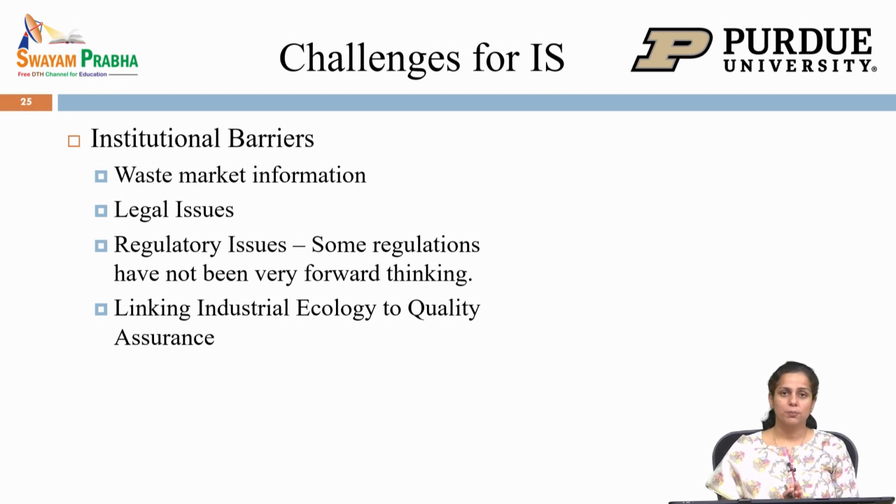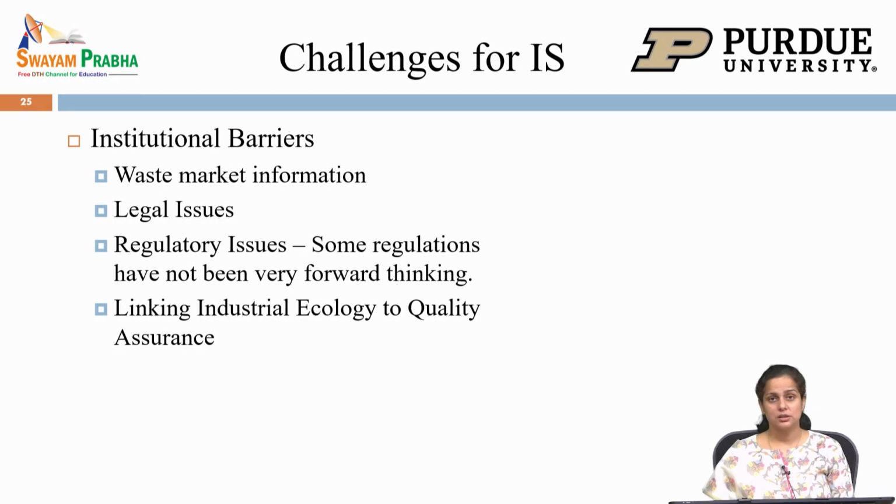So, the first problem is the institutional barrier. The waste market information is something that is missing. This is actually what today we can solve with the data and the AI revolution, which is availability of this waste market information. If this waste market information is consistently available, that will provide us with information on the opportunities.